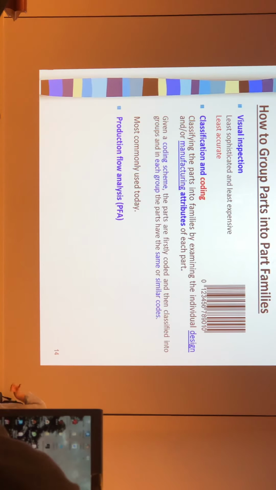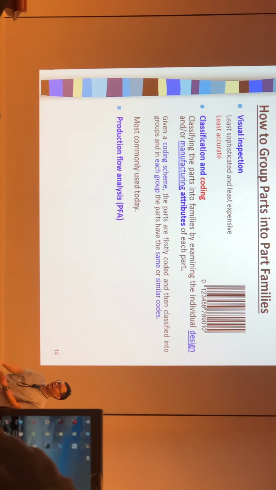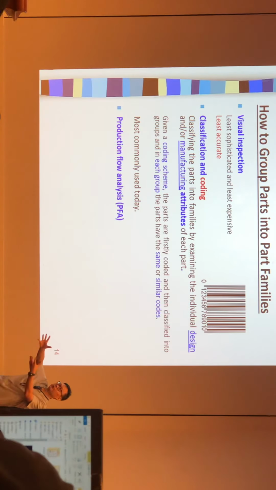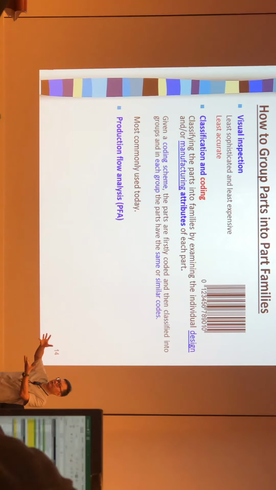Even the process plans are not computer readable. Process plans are written in text, in lines 1, 2, 3, 4, readable by the operators to follow. So initially, all the forms regarding a particular part are not computer readable. By using a coding system, you can convert a particular part's design and manufacturing attributes into a code.